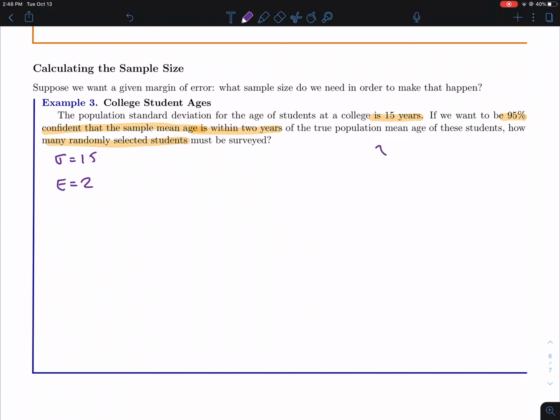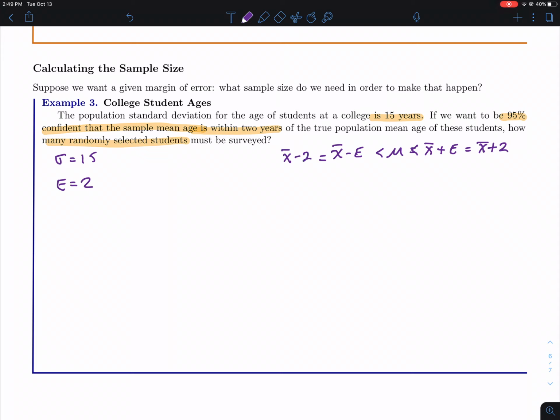So the way it's going to work is we're going to have X equals, or mu is going to be X plus E, which in this case is X plus 2. And then on this side, X minus E, which is the same thing as X minus 2.